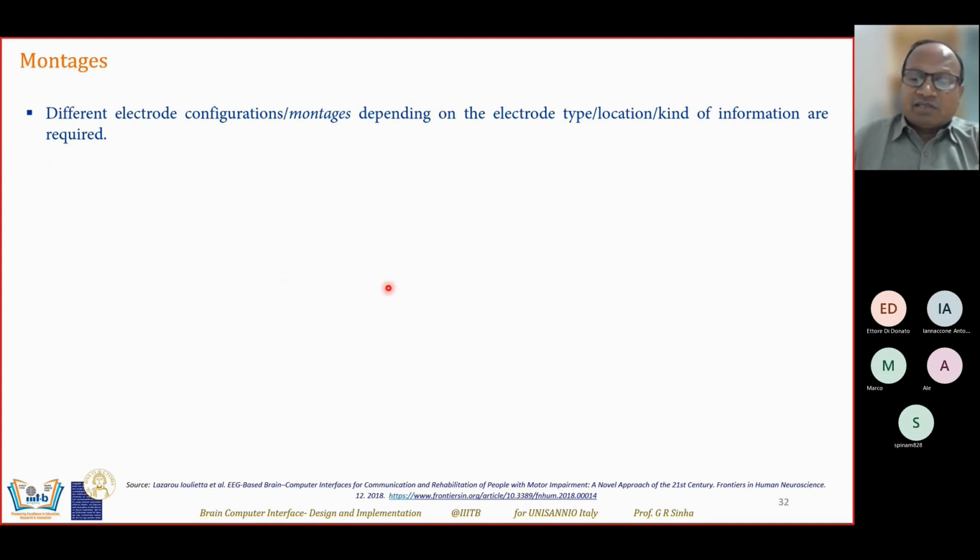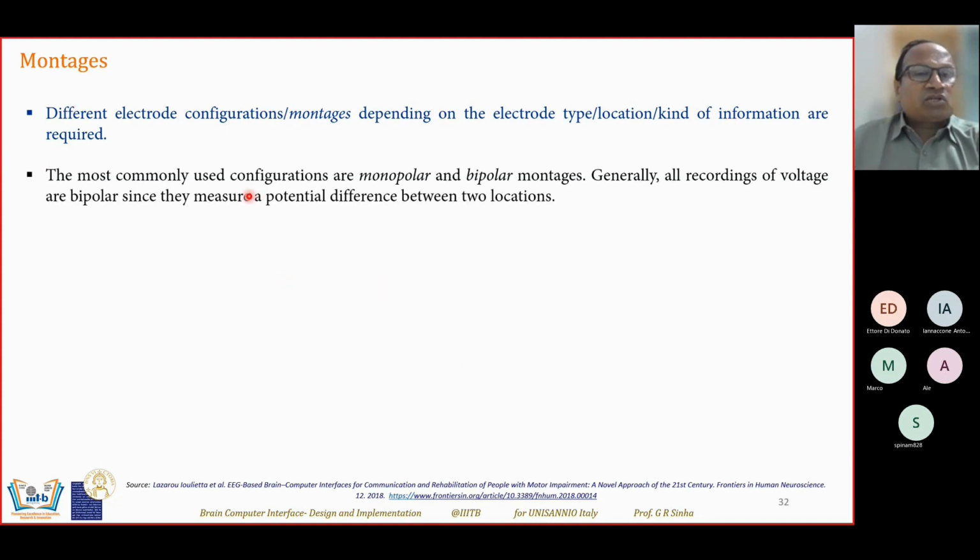This is how the configuration changes. The most commonly used configurations, terms which appeared in the previous slide, are monopolar and bipolar. Generally, most voltage recordings are bipolar, where you use 3 electrodes. Remember, 2 electrodes plus one electrode which is common as a ground electrode, common for all.